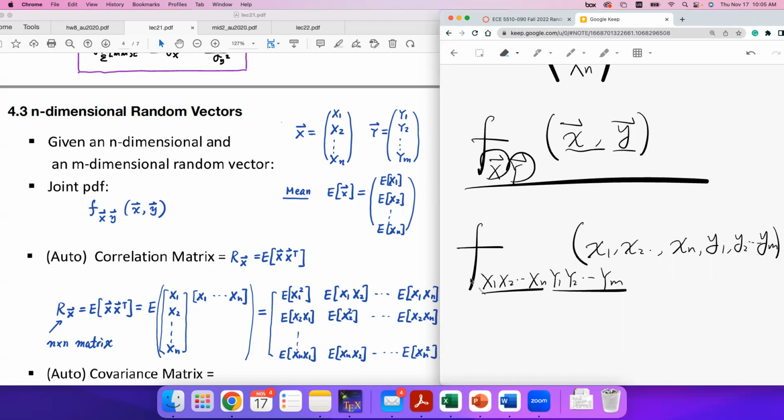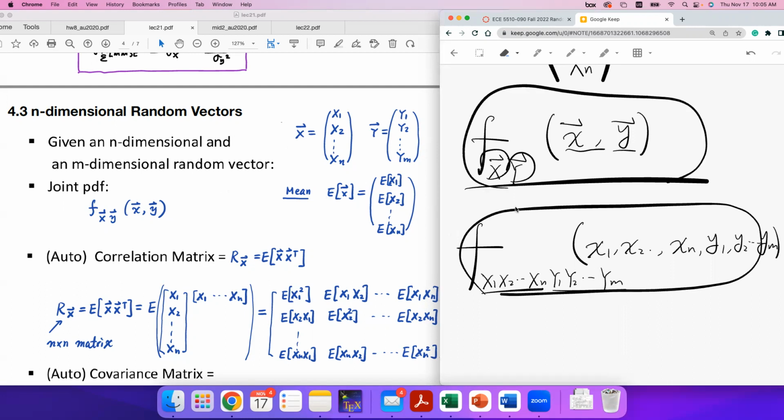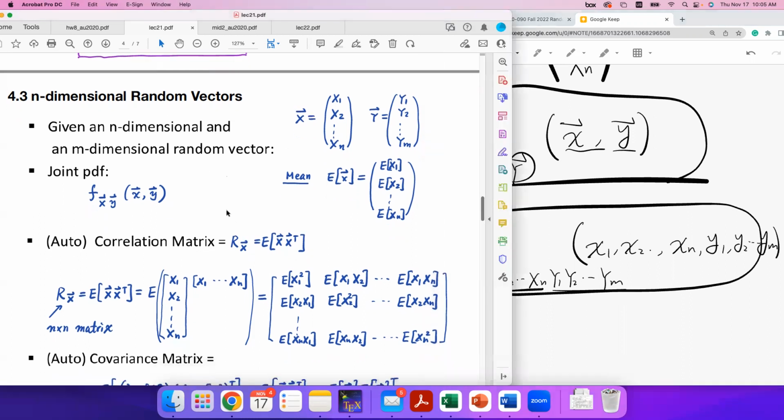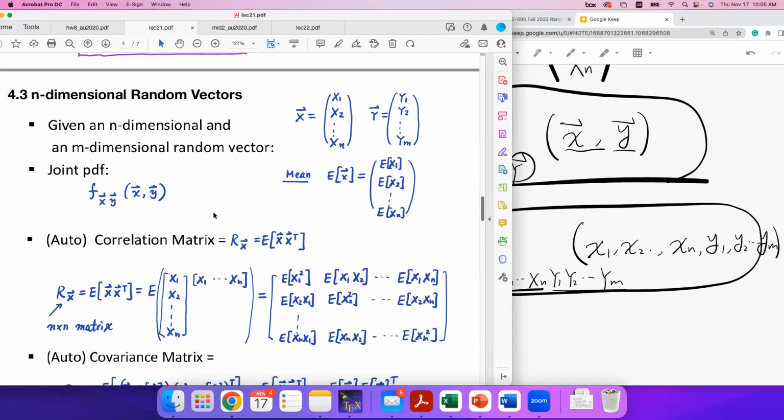Now for notation simplicity, we write this in vector form, x and y, random vectors. And we can define this basic random vector. You can view each random vector as a big random variable in a higher dimensional space.